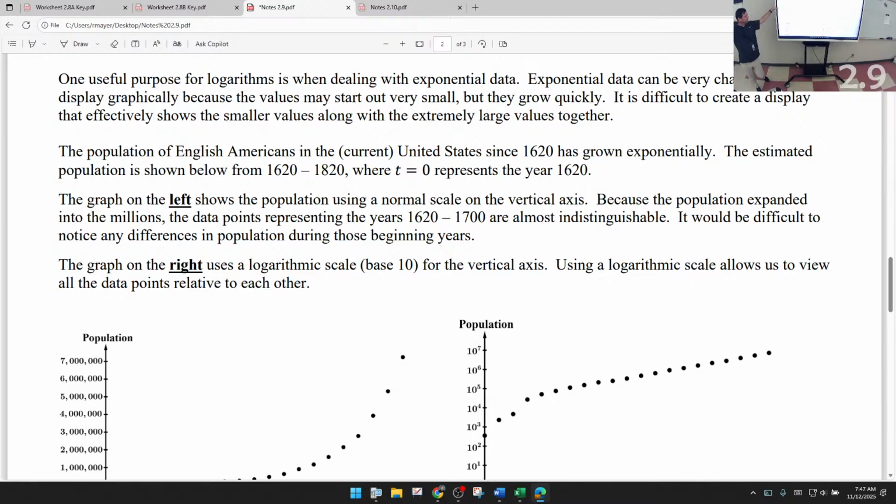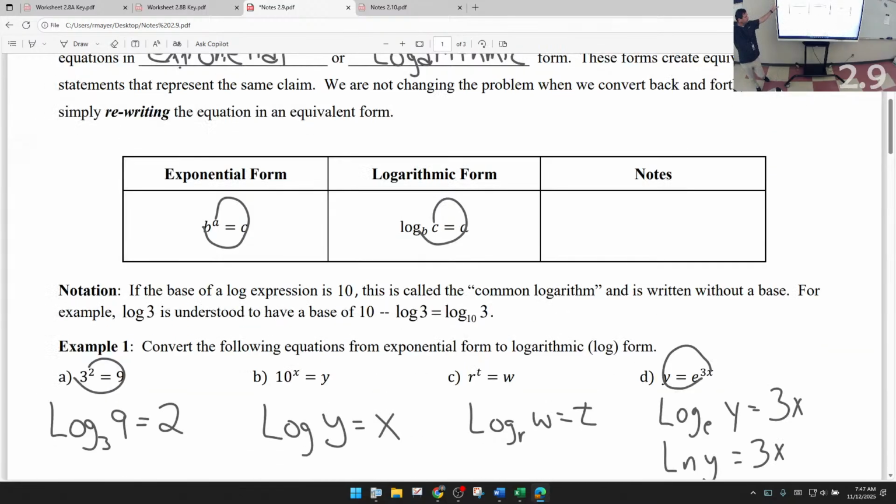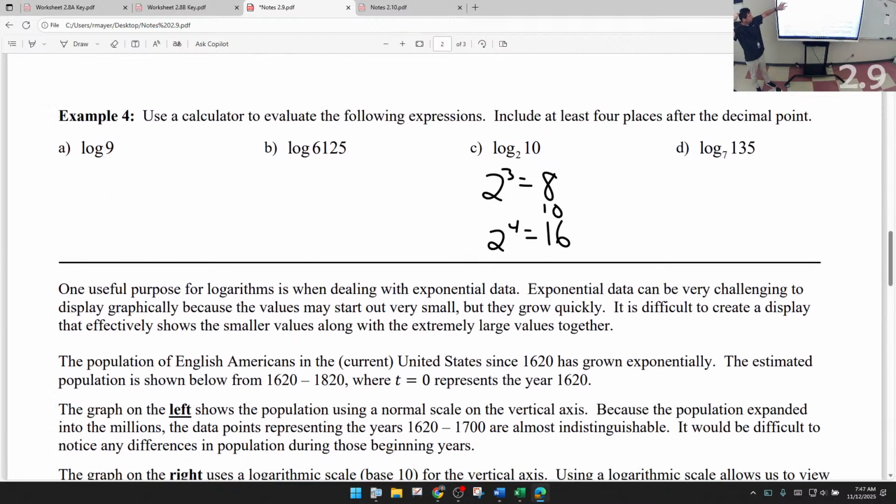Yep. I have a question. Go back to example 4. Change of base formula. Yeah. It's just change of bases. Log of 135 over log of 7.